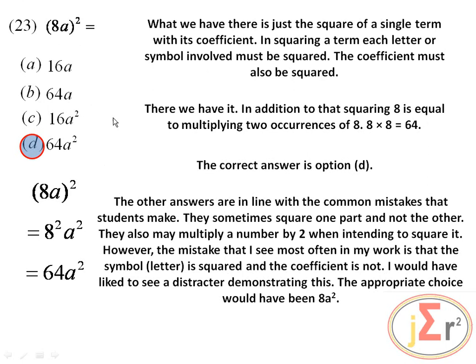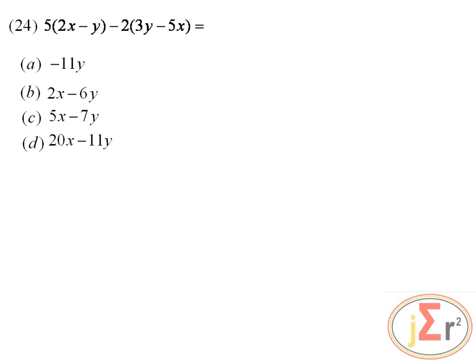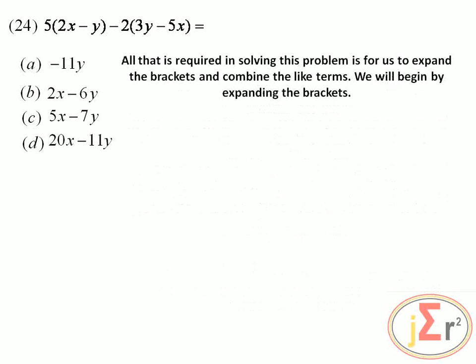and not the coefficient. All that is required in solving this problem is for us to expand the brackets and combine the like terms. We will begin by expanding the brackets. Expand. 5 multiplied by 2x is 10x.